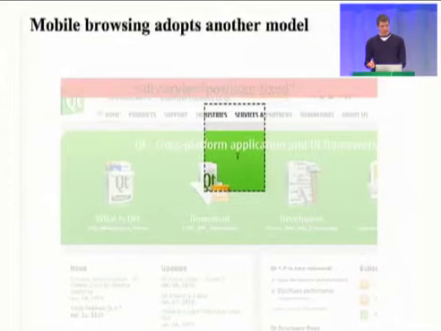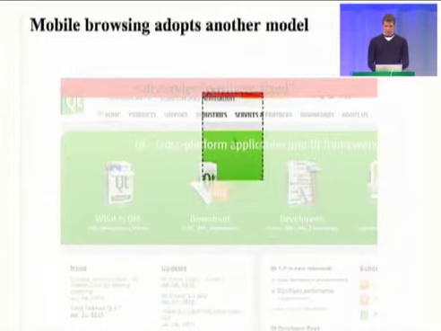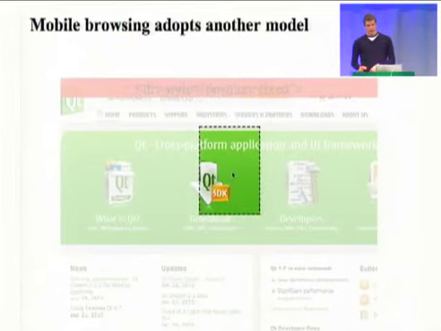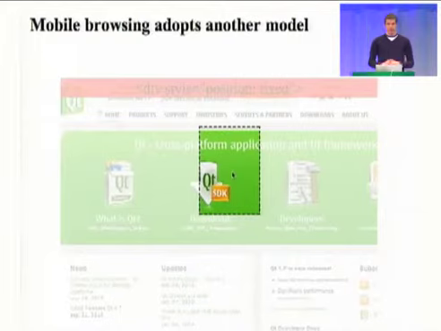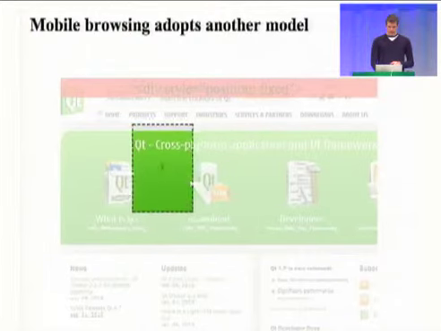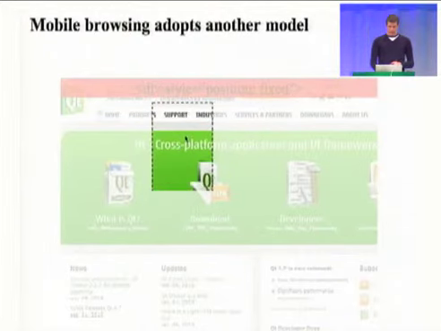When you have something fixed, it is fixed on the page. It is not fixed on the viewport. So this way you use as much screen space as you can, and you avoid this kind of problems.